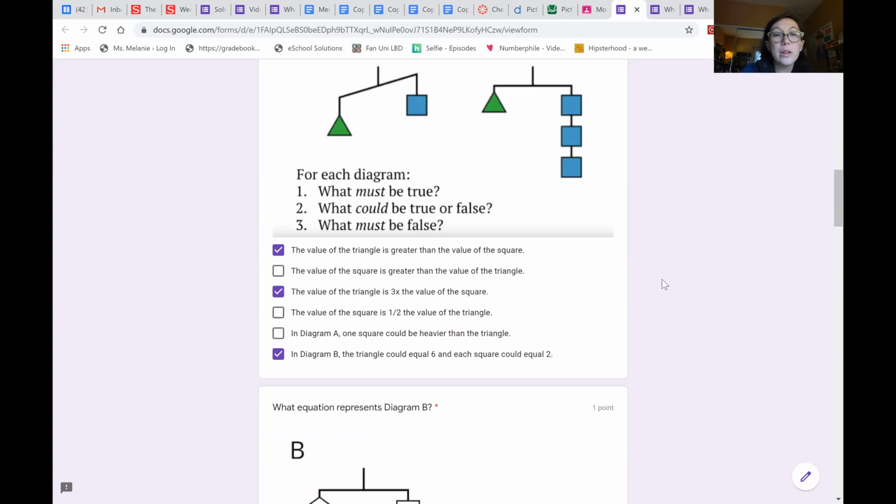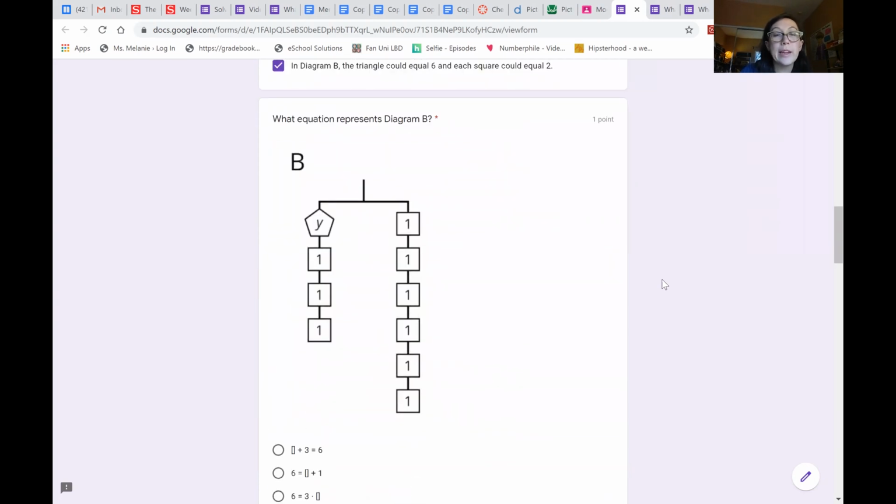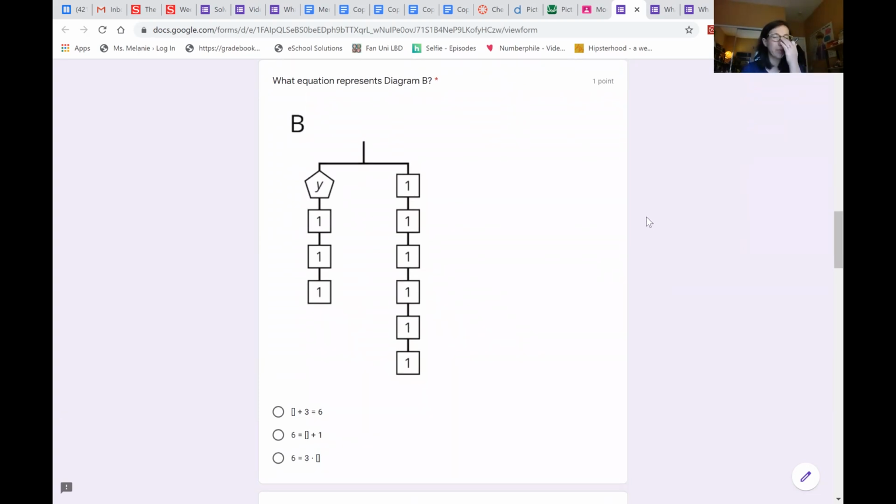Okay, what equation represents diagram B? I know you haven't seen this before other than that video, so let's take a second and look at what it's saying. Right here, there is some unknown quantity that we're representing as y, and then 1, 2, 3. So y plus 3 is balanced or equal to 1, 2, 3, 4, 5, 6.